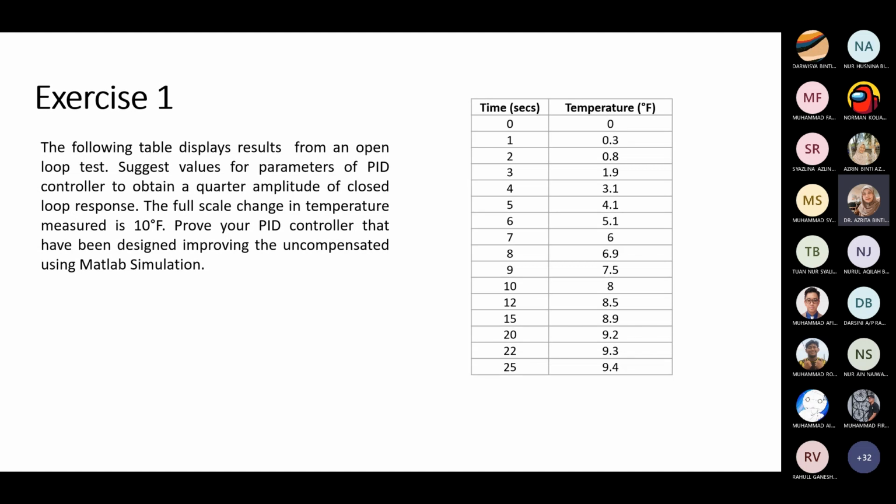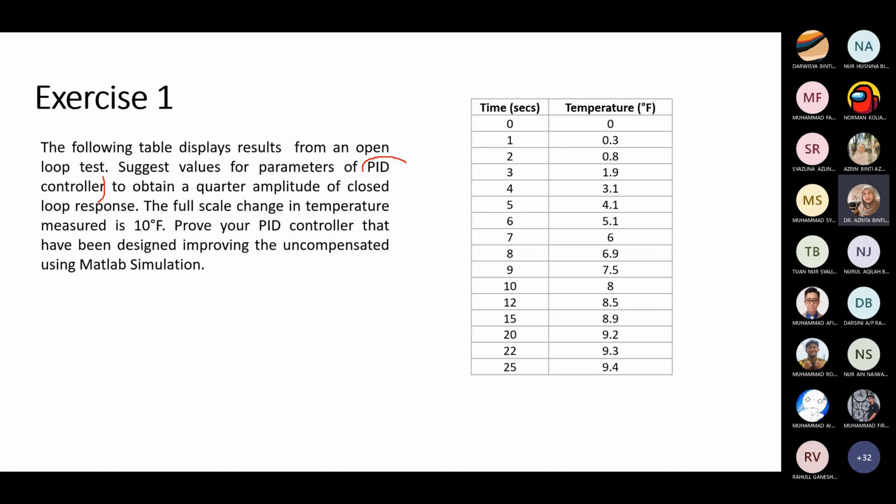We have a table that displays the result from the open loop test. You need to suggest the value for the parameters of the PID controller. We need to design the PID controller to obtain a quarter amplitude closed loop response. The full scale change in temperature measurement is 10 degrees Fahrenheit. And prove your designed PID improves on the uncompensated system using MATLAB simulation.